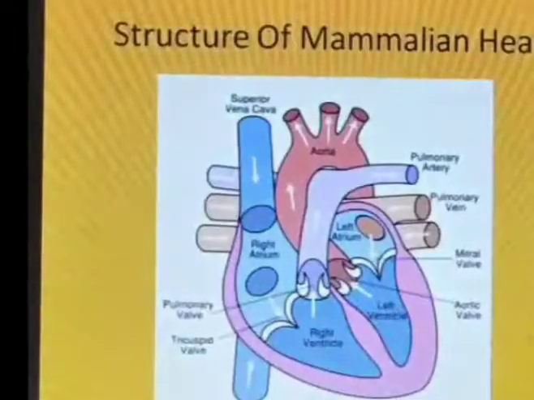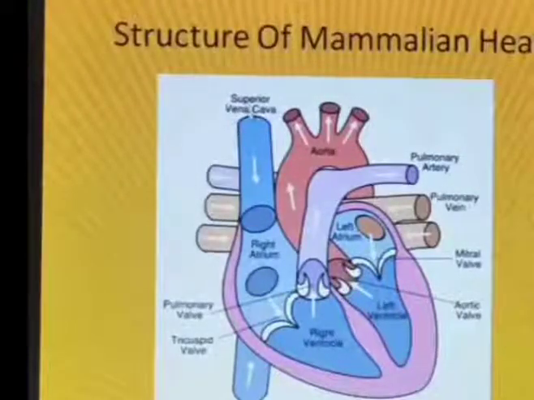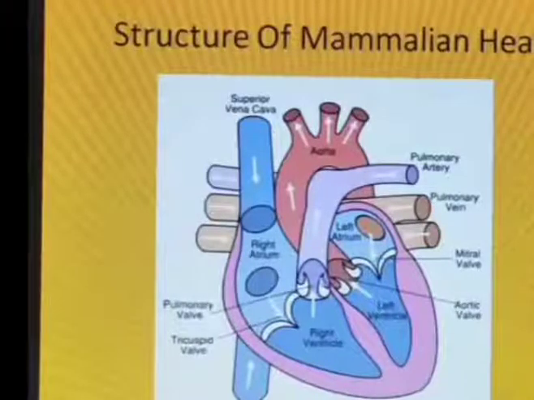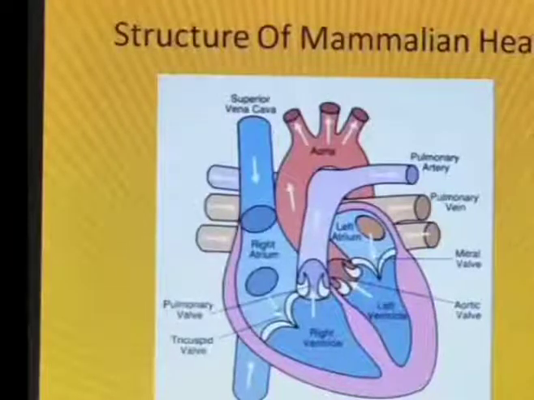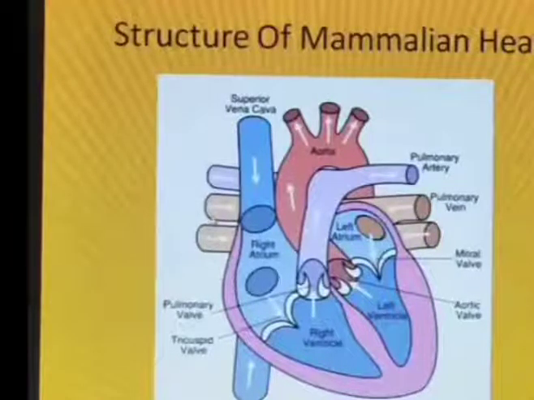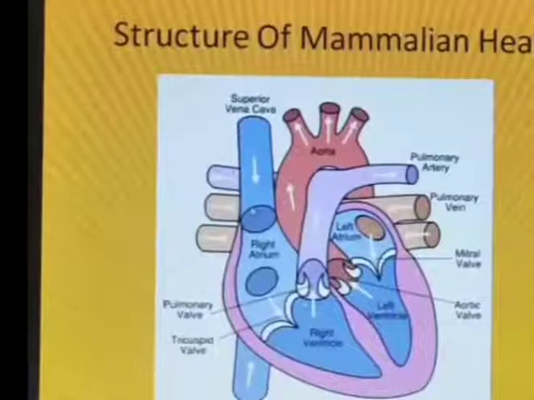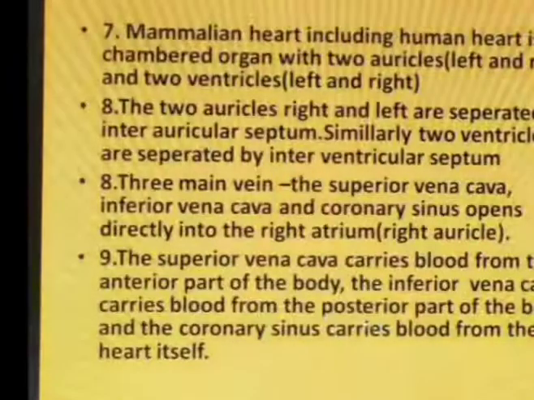You see here three main veins: superior vena cava, inferior vena cava, and the coronary sinus. So these three main veins originate and carry blood from different parts of the body.